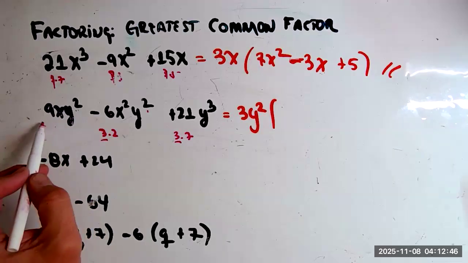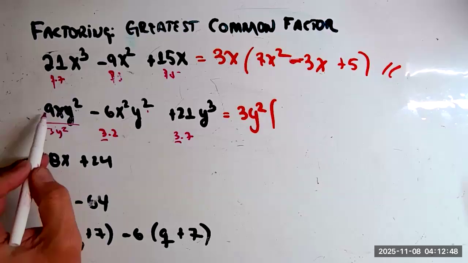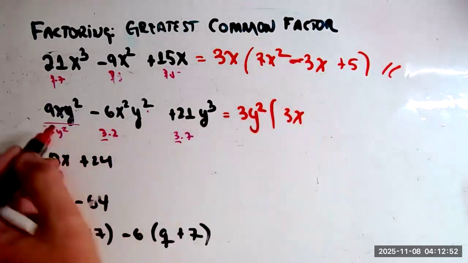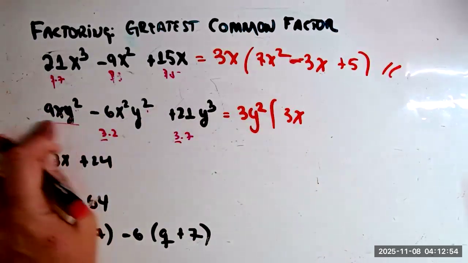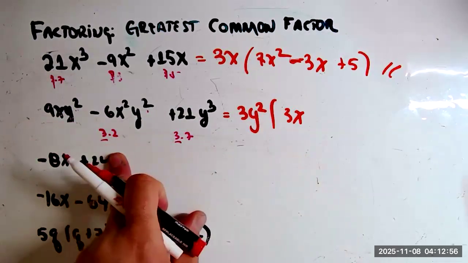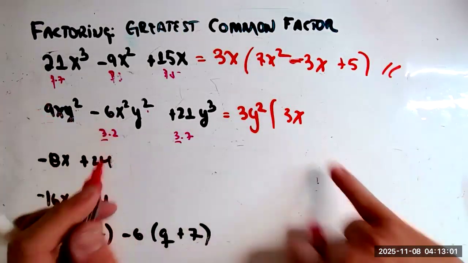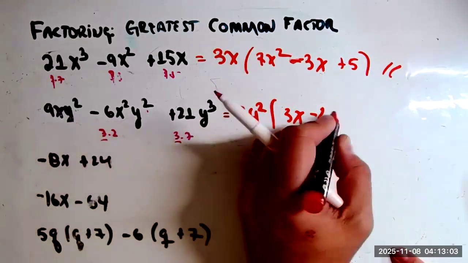So if I were to, quote unquote, divide by 3y squared, 9 divided by 3, that would be 3x, and y squared by y squared. In this one, if I factor out the 3, 6 divided by 3, that would be minus 2.